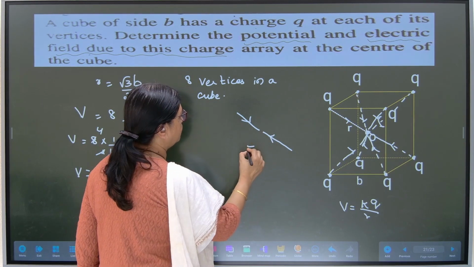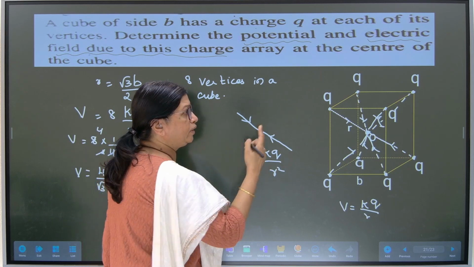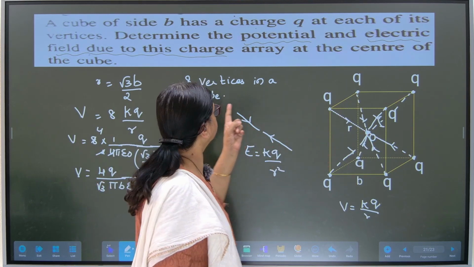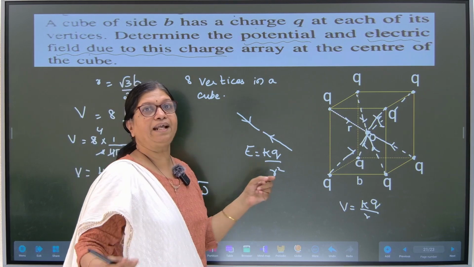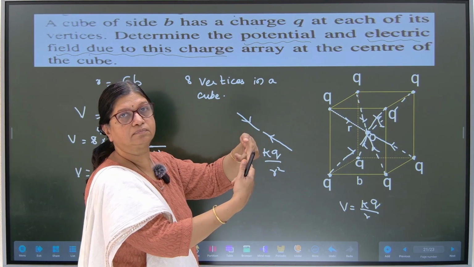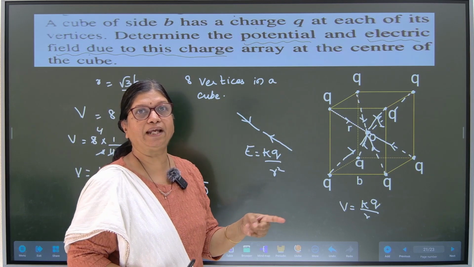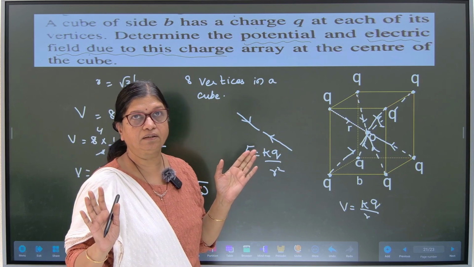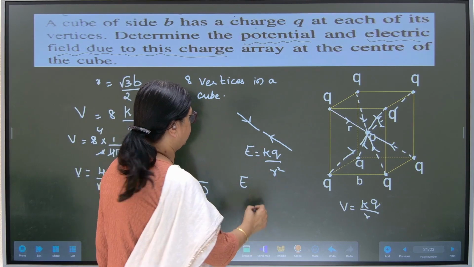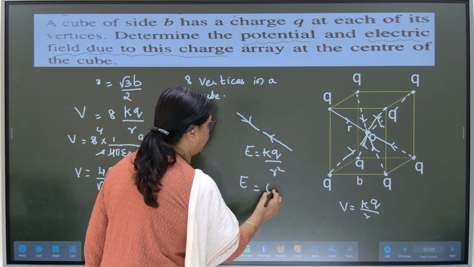What is the formula of E? E is equal to electric field KQ upon R square. Q is same. Distance is also same. Directions are opposite on each line joining the vertex between two charges. Then on that particular line, the electric field will cancel out each other. Therefore, the net electric field, the total electric field at the center due to these charges on the vertex is 0.